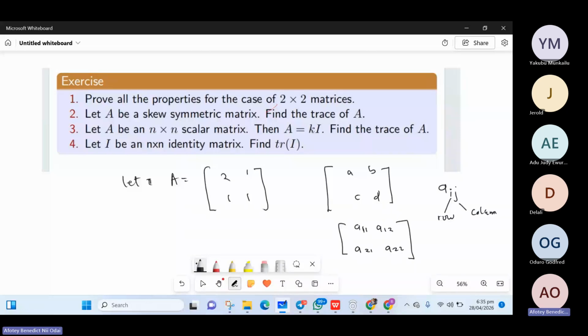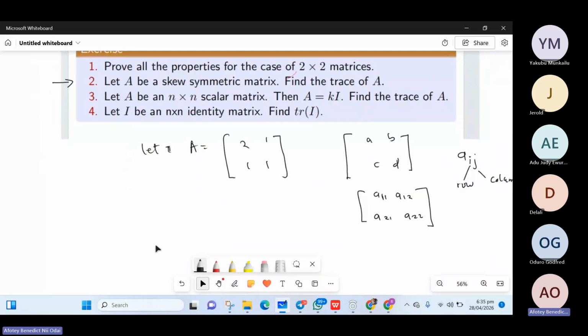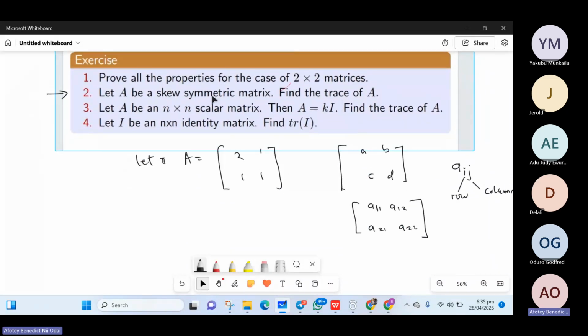We went through this intro yesterday, right? So as I was saying, if you are doing a proof, please don't use entries, else you won't be marked, right?